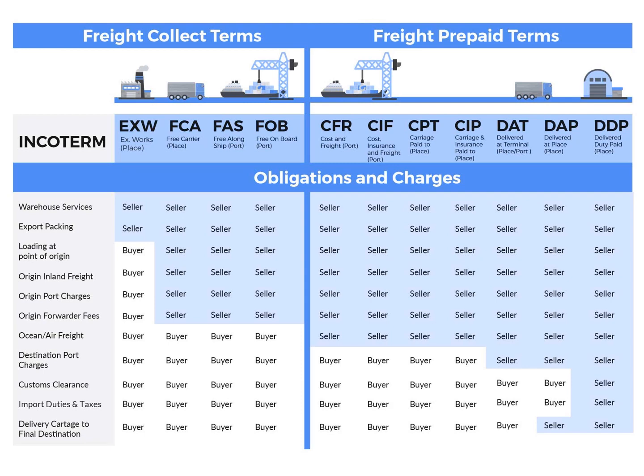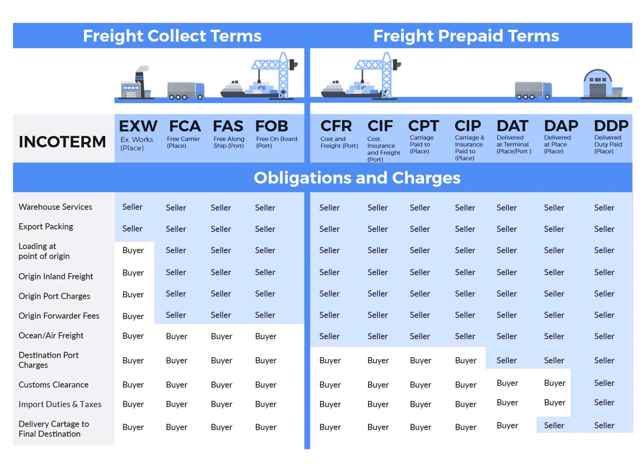The seller will cover all charges like inland freight, port handling charges, and origin forwarder fees as soon as goods are loaded on the vessel. All further associated costs and risks are transferred onto the buyer. The buyer will pay the sea freight and all charges thereafter.